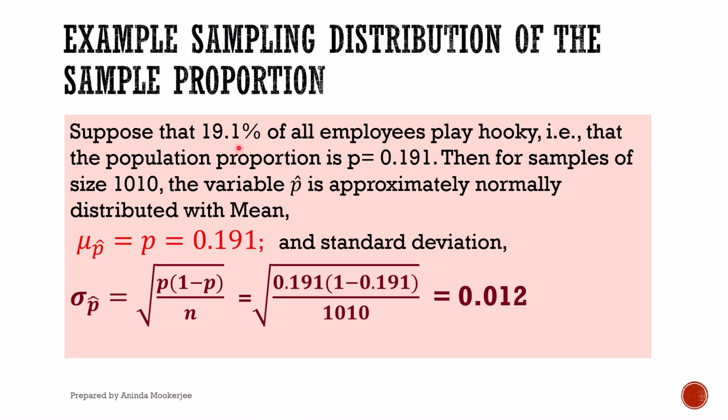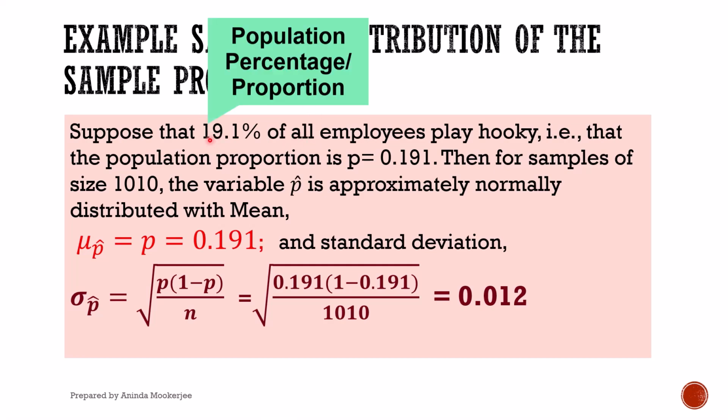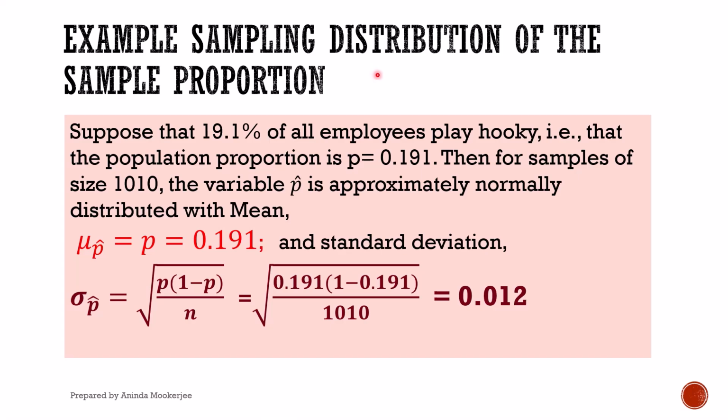It says here, suppose that 19.1% of all employees play hooky. Since they are saying all employees, this refers to the population proportion. We have to be given the population proportion when we are looking at the mean and standard deviation of the sampling distribution.